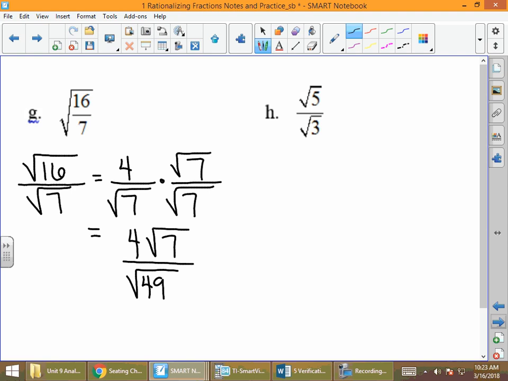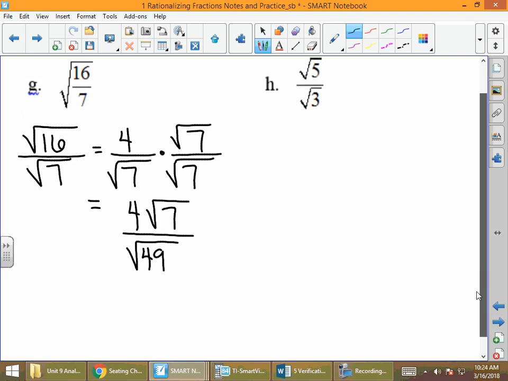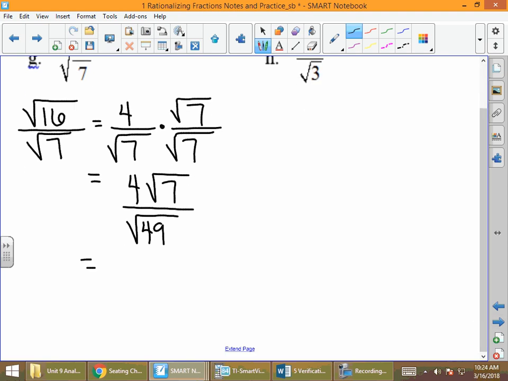For a couple of you, you might not need to show that step because we've got the square root of 7 times the square root of 7. There's the two of the same. Take out 1. As we finish, we get 4 times the square root of 7 over 7, since the square root of 49 is 7. There's nothing else that we can simplify in this particular problem. Nothing cancels out with the 4 and the 7.